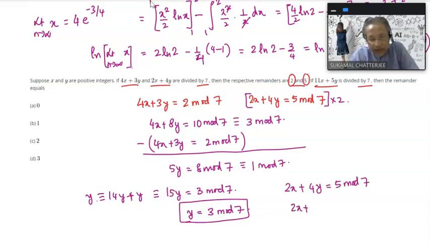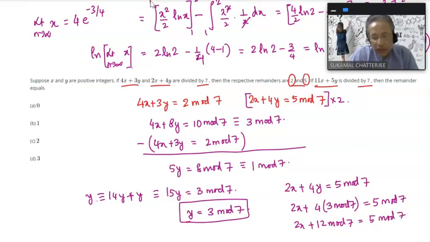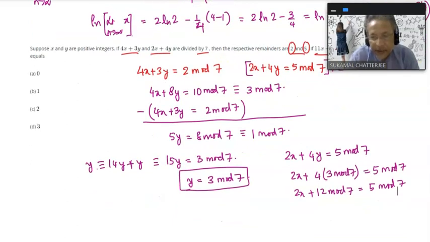So 2x plus 4 into 3, 12 mod 7 is 5 mod 7.